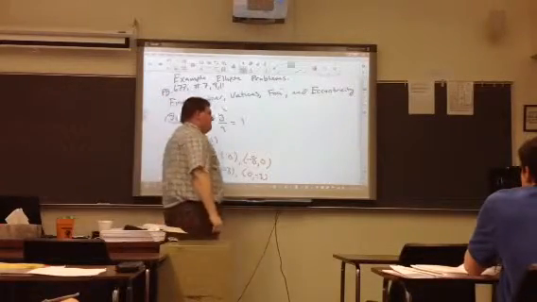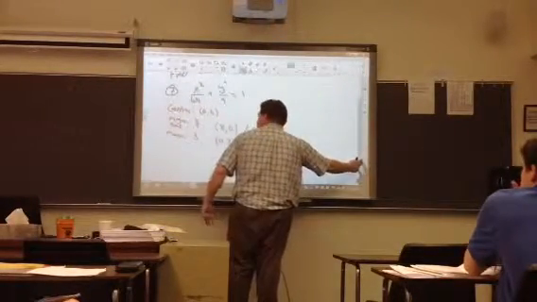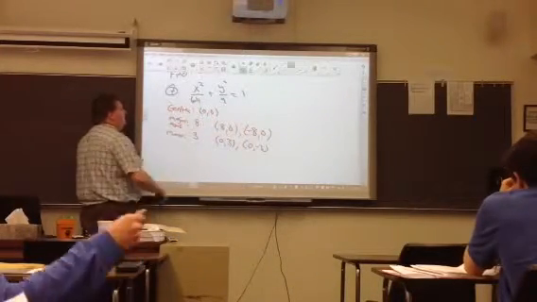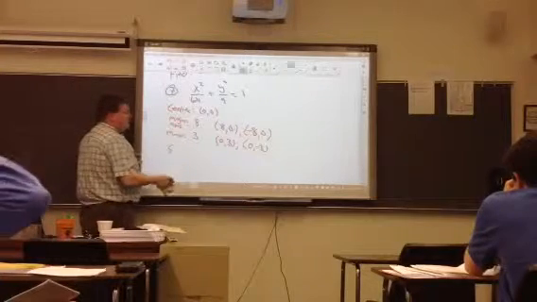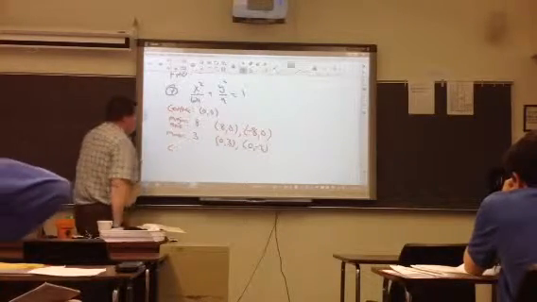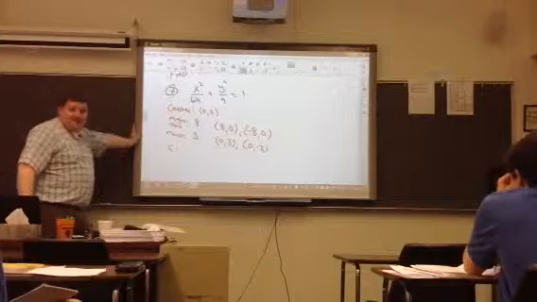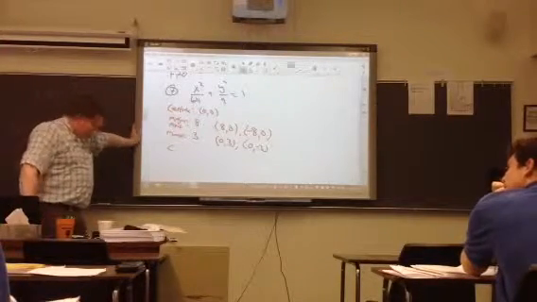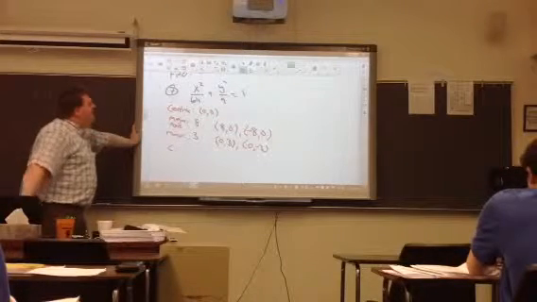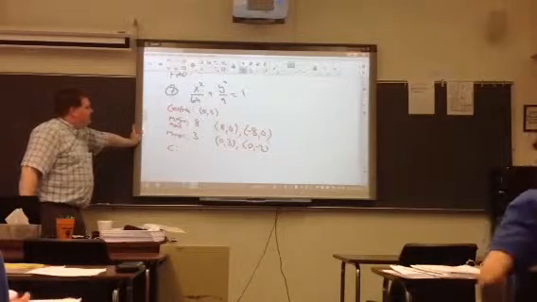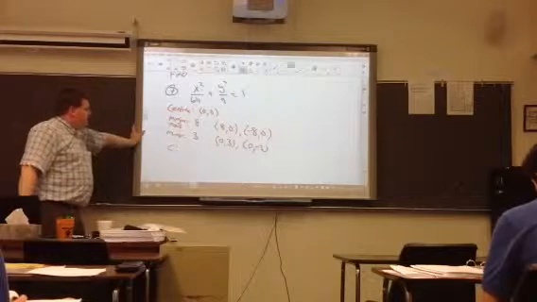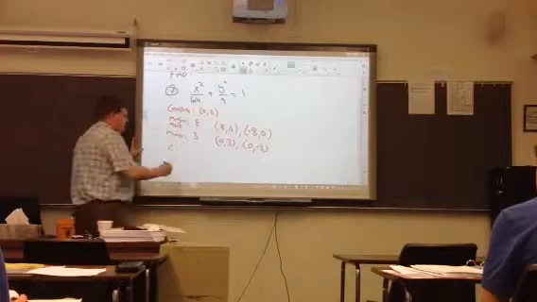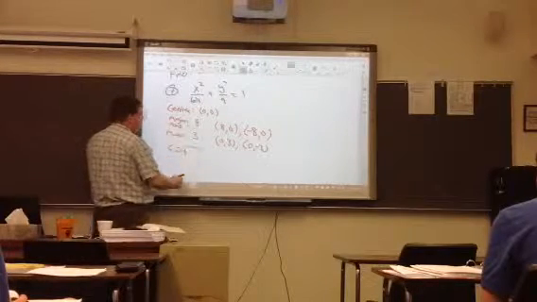Next is the foci. First we need to figure out what the number c is for our focuses. I'm just going to say focuses. I hate saying foci, it sounds like we're cursing. C is equal to the square root of 64 minus 9. That's the focus number.